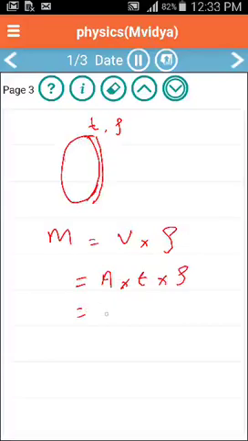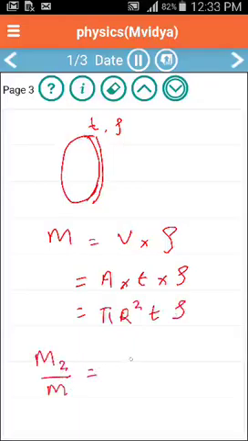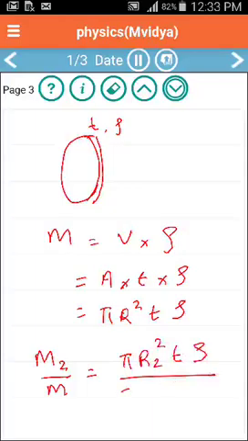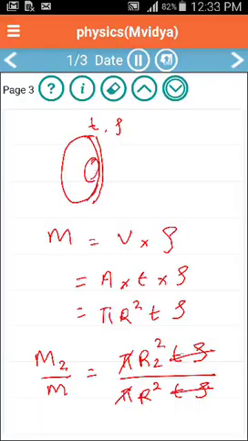Area, circular disk ആയതുകൊണ്ട് pi r square. So we can write m2 by m is equal to pi r2 squared t rho upon pi r squared t rho. Thickness same ആണല്ലോ ഡിസ്കിന്റെ, even for the circular hole which is cut out.